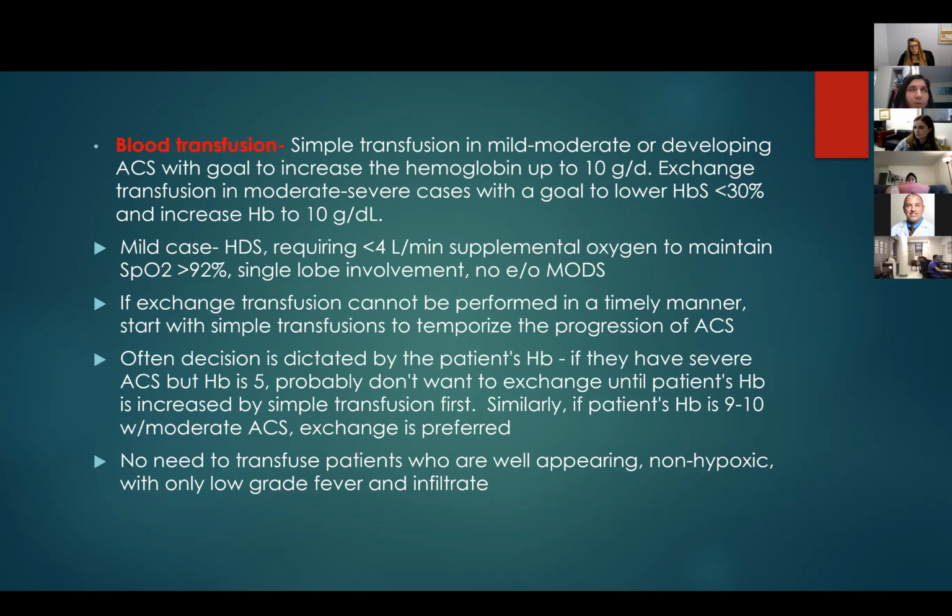And if you give 2 to 3 units of blood to someone whose hemoglobin is 5, it's basically equivalent of doing a partial exchange transfusion. And similarly, if the patient's hemoglobin is already 10, but they have moderate ACS, then you don't want to give them a simple transfusion to increase their hemoglobin beyond 10. You would rather exchange them.